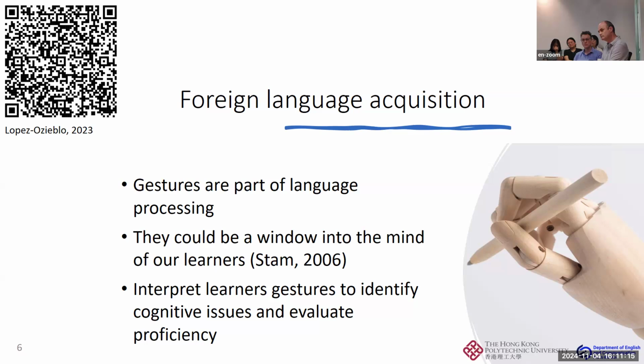We might get an inkling of whether the concept that we are trying to explain to them in this new language has been grasped, whether correctly or not. And then the other thing is, when they actually externalize those thoughts with proficiency, can we see a correlation between proficiency and thought? So basically, can we use gesture to evaluate proficiency? This is one of the questions.